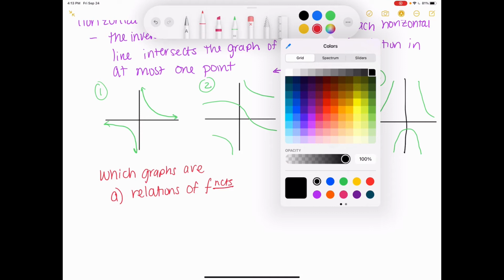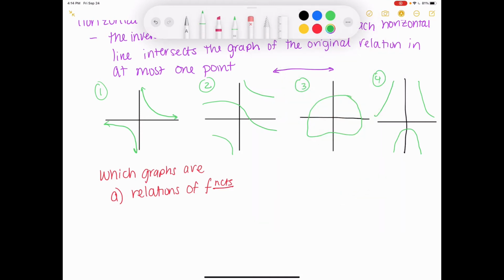So it needs to pass the vertical line test. Remember, that's the one that's going up and down, so it can't intersect at any more than 1 point as you go across from left to right.